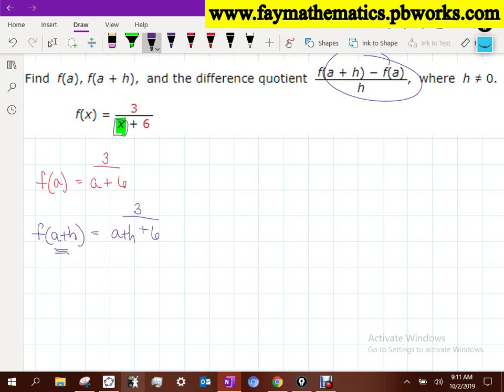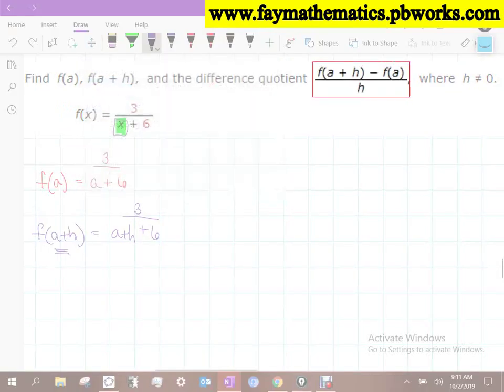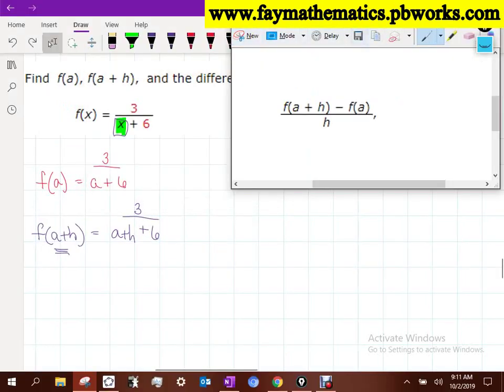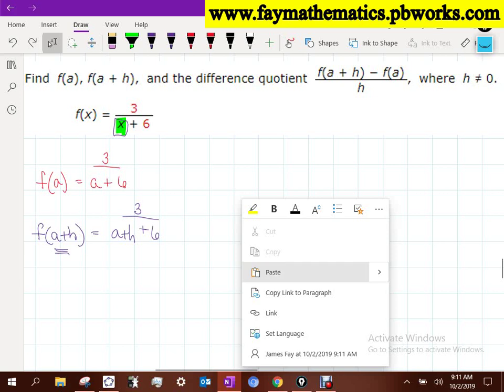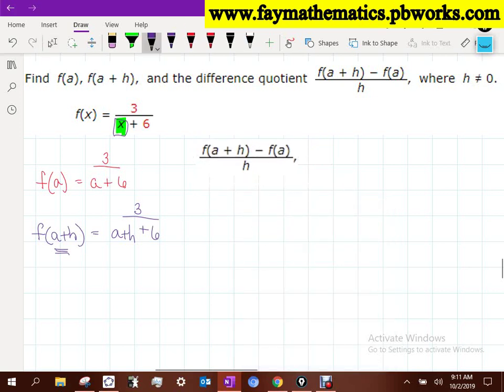So what that's going to look like is 3 over a plus h plus 6 minus 3 over a plus 6.